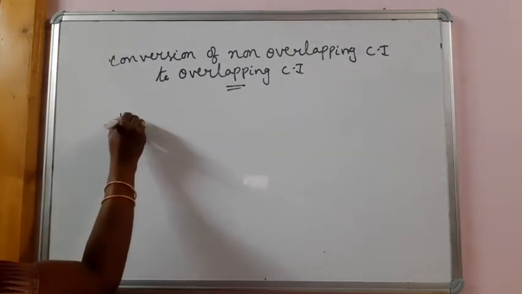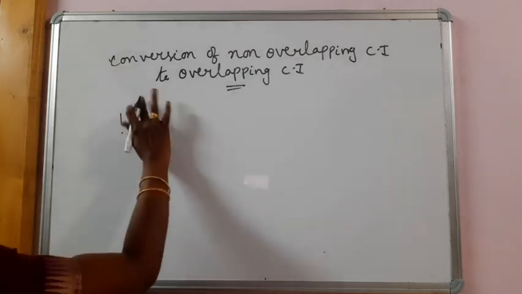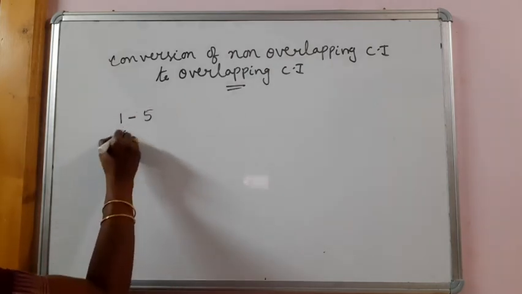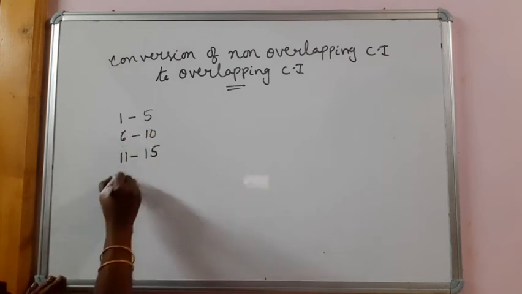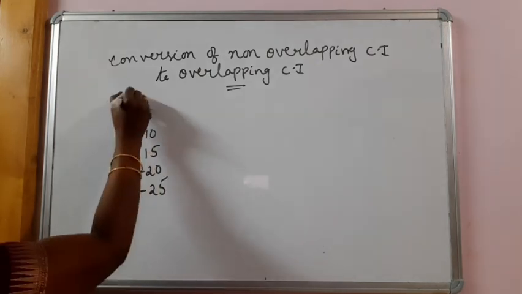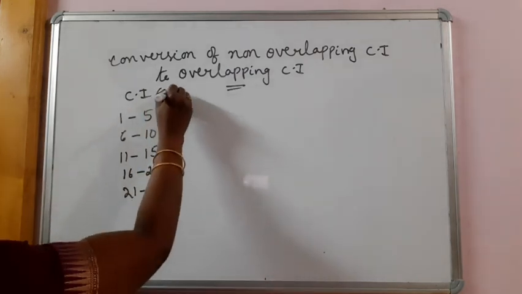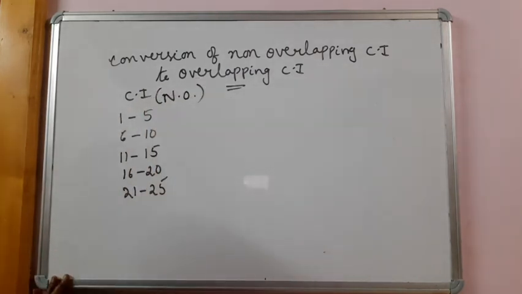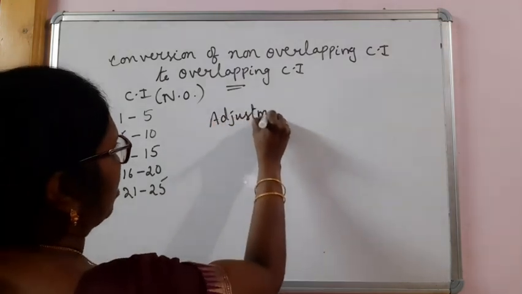In the previous example I gave you 1 to 5, 6 to 10, 11 to 15, 16 to 20, 21 to 25, these are the class intervals. These are non-overlapping class intervals. In order to convert to overlapping, what we have to find is the adjustment factor.